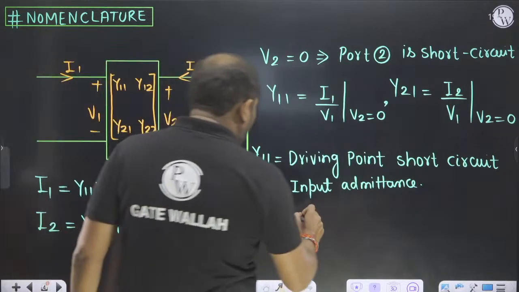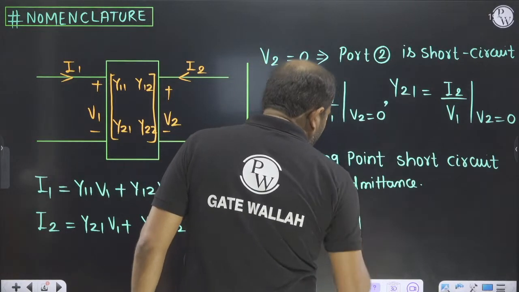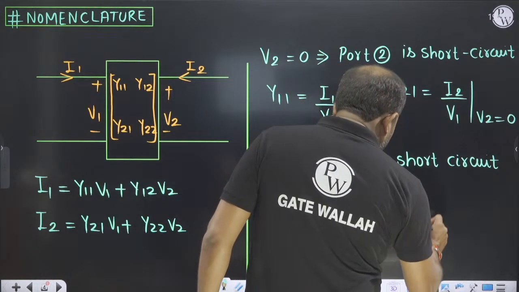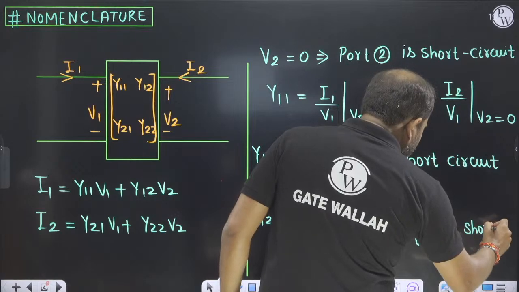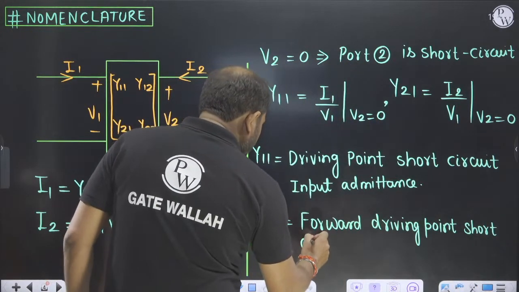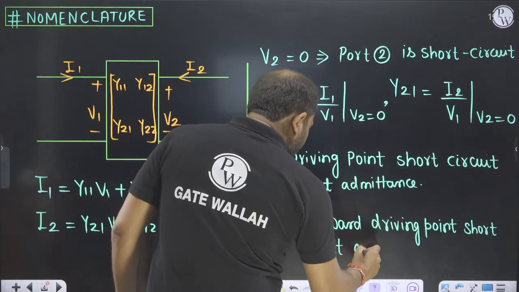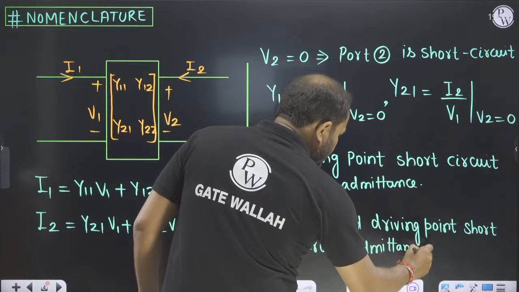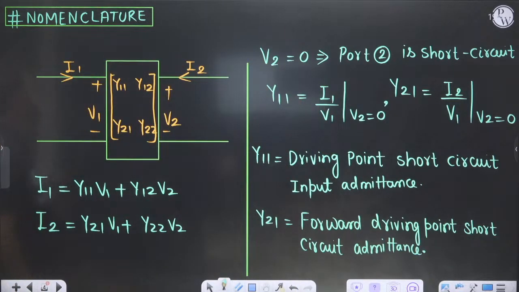So it is forward driving point short circuit admittance. Okay, this is the point here. Then we will go for the next point.